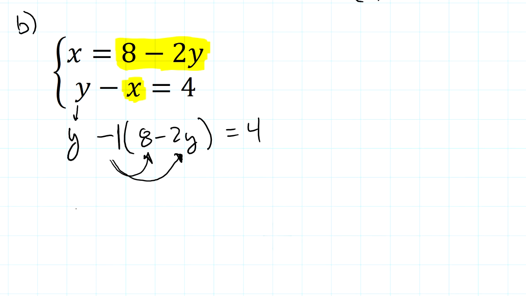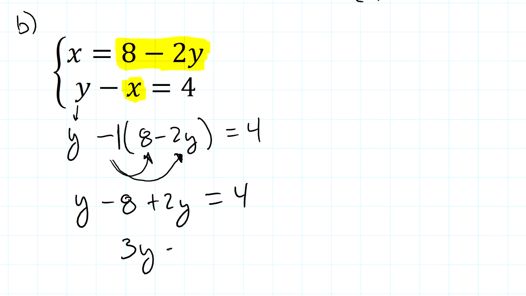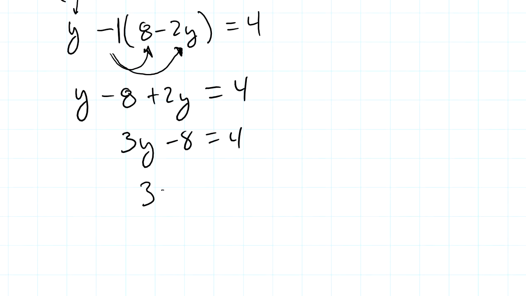So if I rewrite this, it becomes y minus 8 and then plus 2y, right? Negative 1 times negative 2y is positive 2y, and that equals 4. So I can rewrite this as 3y minus 8 equals 4. If I add 8 to both sides, we have that 3y equals 12, and dividing by 3 we get that y is 4.